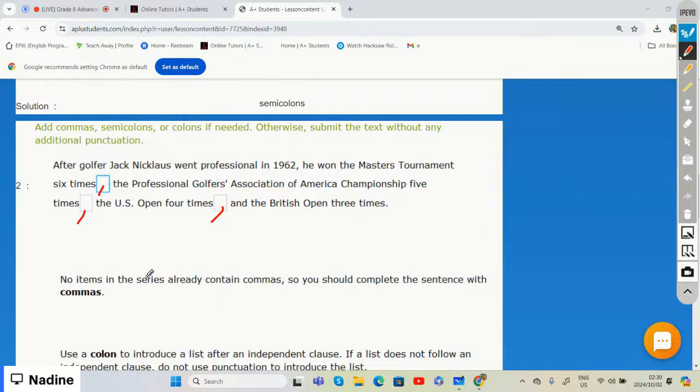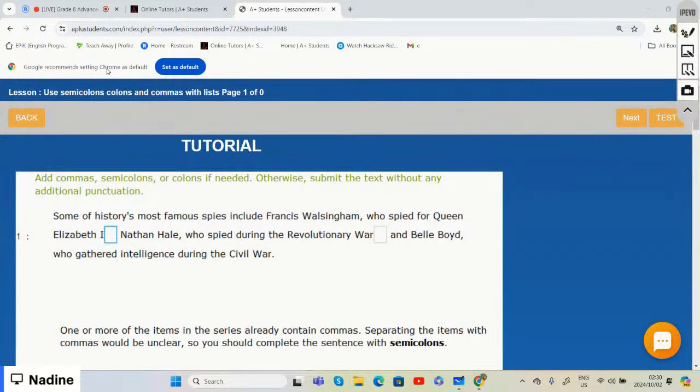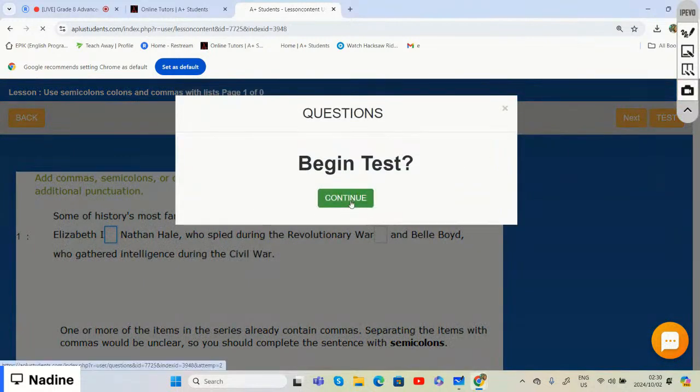We use a comma to list a series of words if there's three or more. And then we use semicolons if the use of commas is unclear. All right, so now let's go to our test where we're going to either use semicolons, colons, and commas.